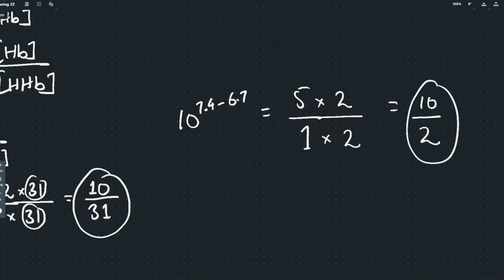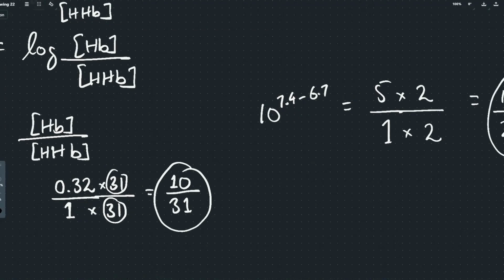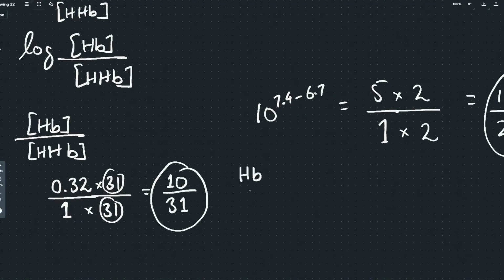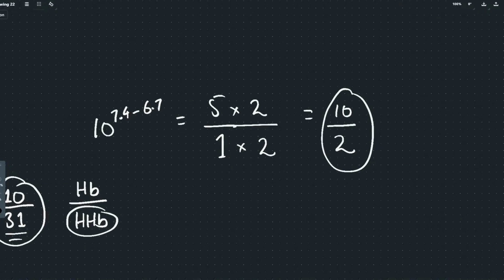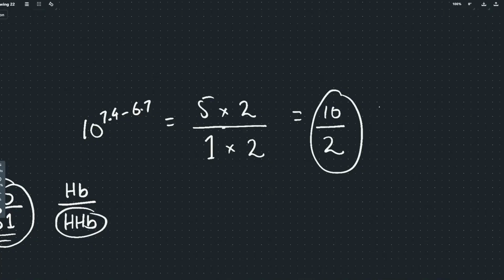Now what I mean by this is that for 10 molecules of non-protonated or deprotonated hemoglobin, we will have 31 molecules of protonated HHB. But here we will have 10 molecules of HB, the deprotonated form, and only 2 molecules of HHB.